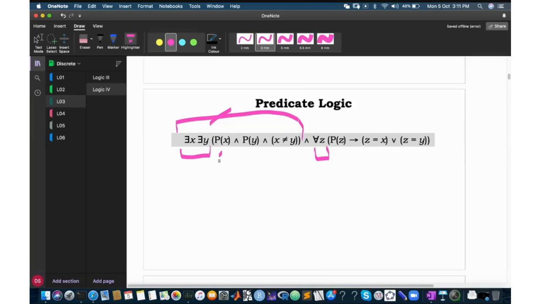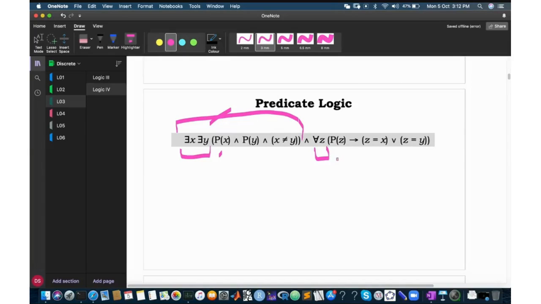The second part is saying that for every real number, Z, for which P is true, it must be either X or it must be Y. It can't be anything else. So take those two real numbers for which this is true, then it can't be true for any third real number.